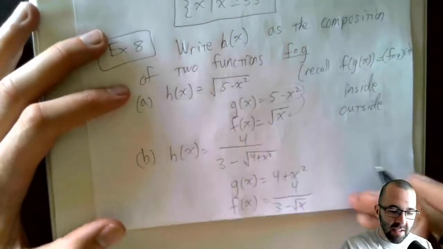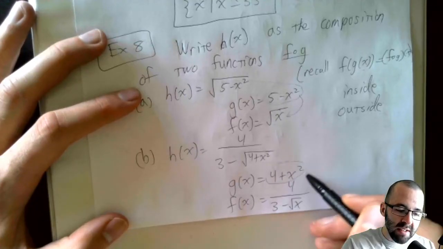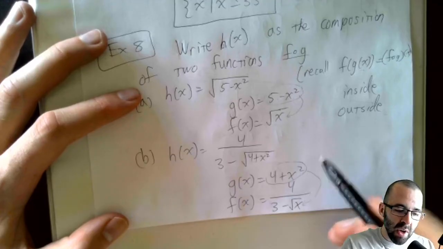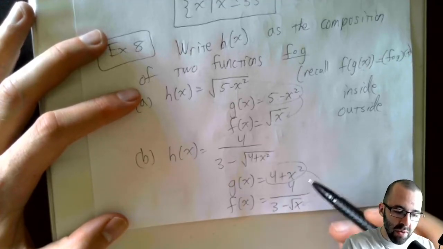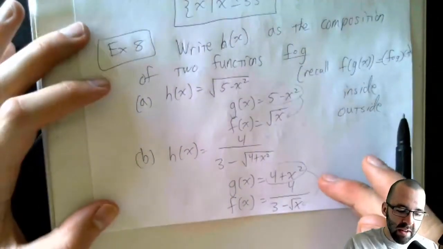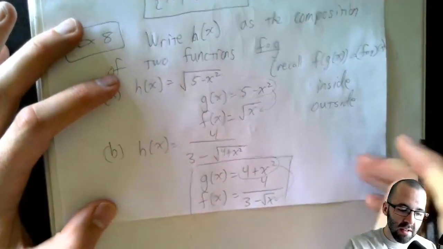Because notice what happens: if we plug our inside into our outside, we get 4 divided by 3 minus the square root of 4 plus x squared. All right? Which is exactly what we wanted. So this is going to be our answer for this.